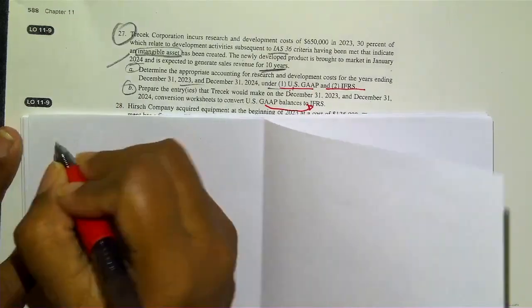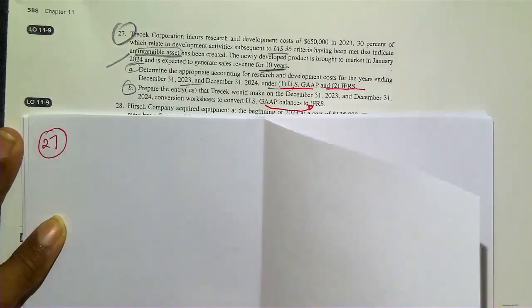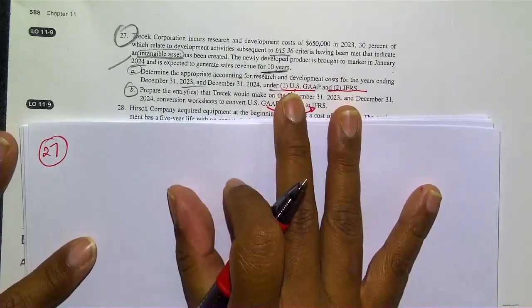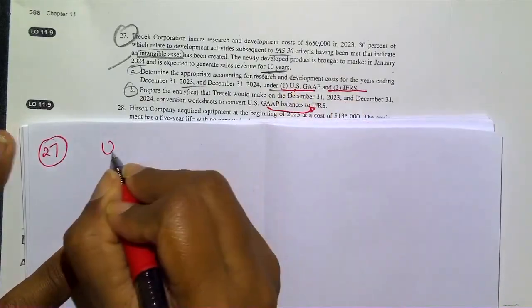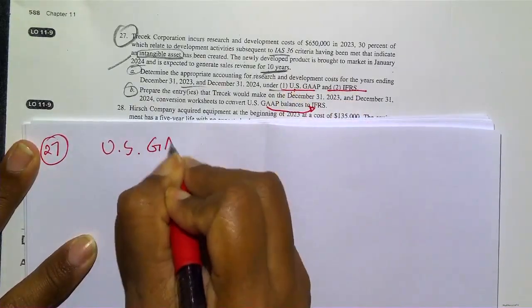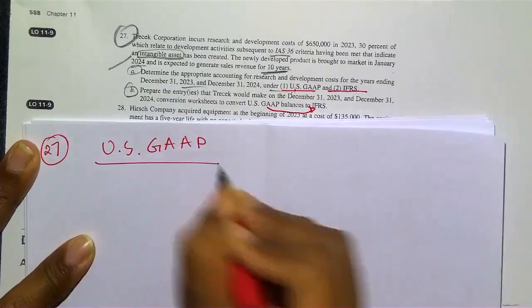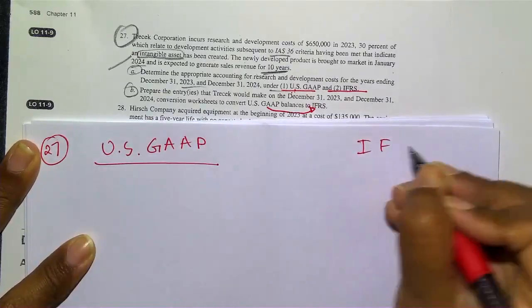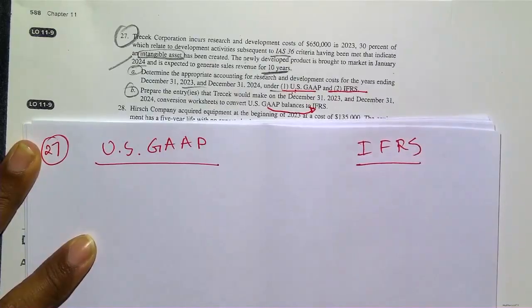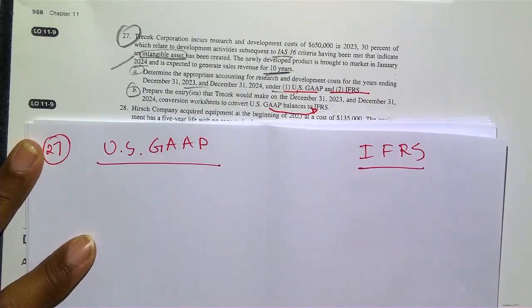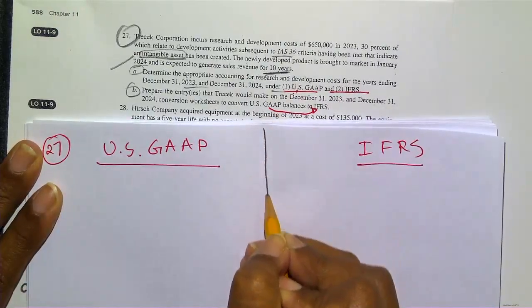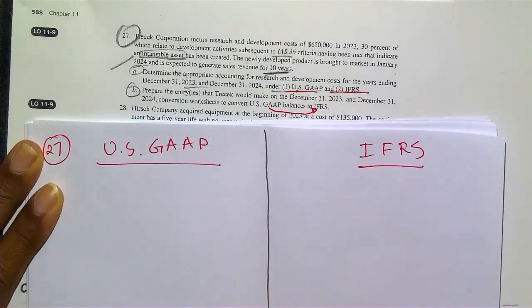Okay, number 27. Let's do first the US GAAP. This part we will show all US GAAP entries, 2 years. This side I'll show IFRS entries, and then I will also do the conversion entries.